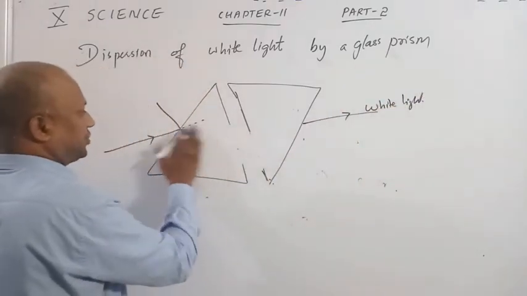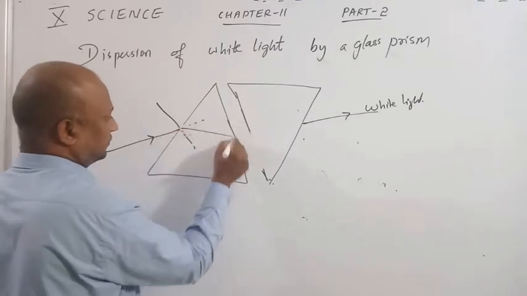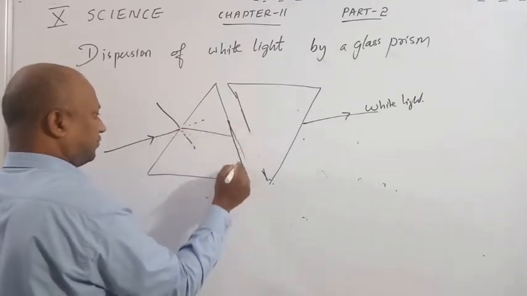So if I make it very short, it would be like this, very small, because it does not go for a big angle.